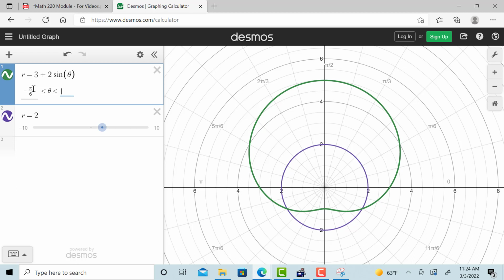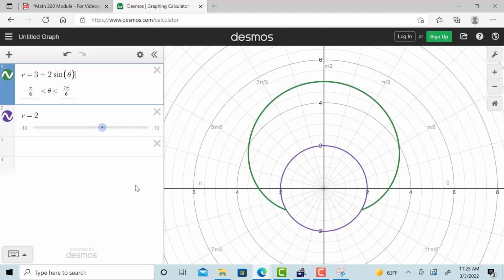And let's change this bound to 7 pi over 6. And there you can see it restricts that green curve. Of course, you could also have done that with our graphing calculator as well, just to confirm that we have the right region we're talking about.